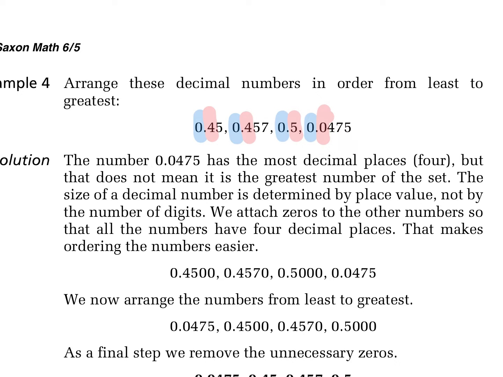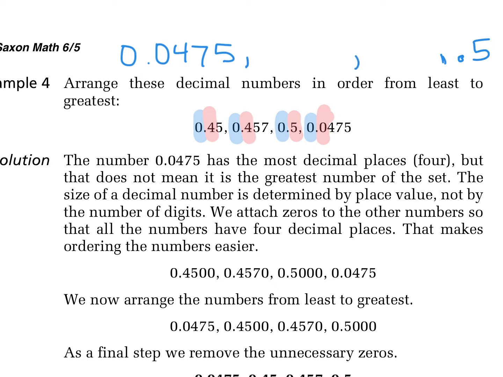So what I know so far is that this, I'm going to do it up here up top. This is 475 ten thousandths, because that was 4. I know that's going to be the first one, and then I know the last one is going to be 5/10.